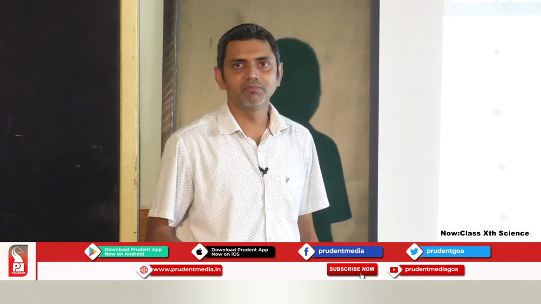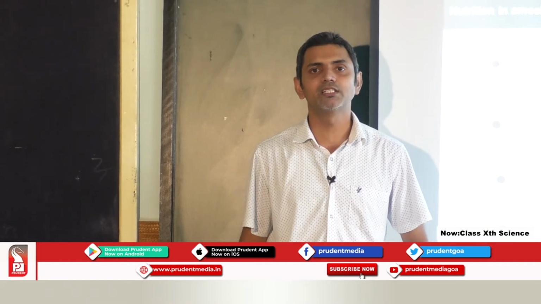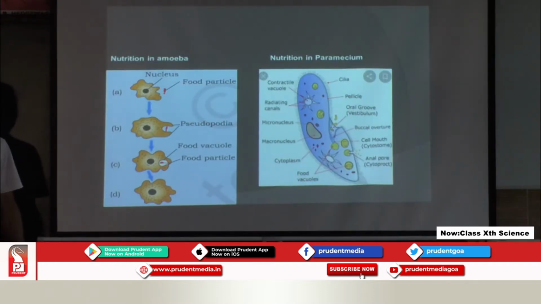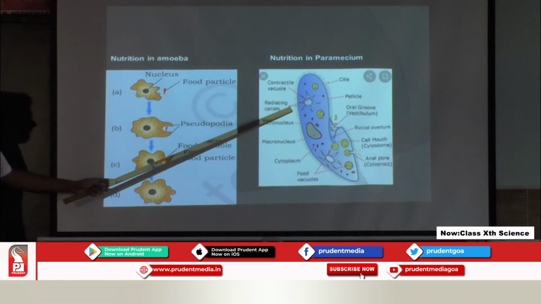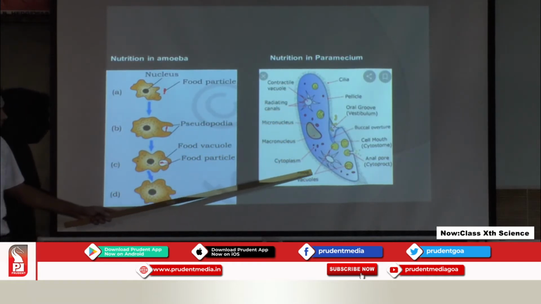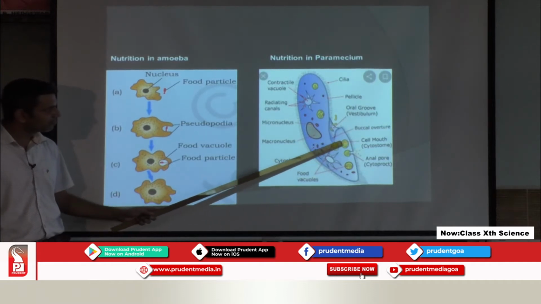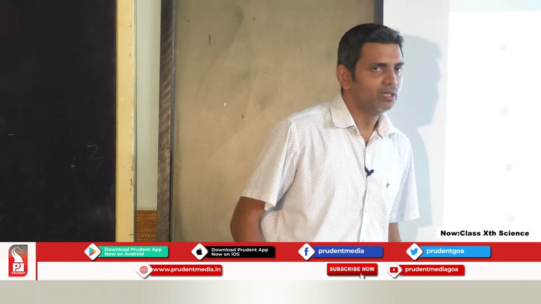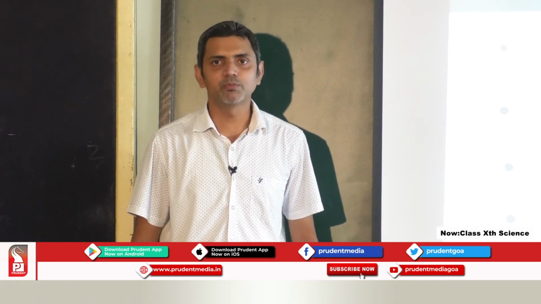And paramecium takes in food at a specific spot, not at any place. Using cilia, paramecium will bring the required food material to the cell mouth, as we can see here. So, in case of paramecium, food is taken in at a specific spot.